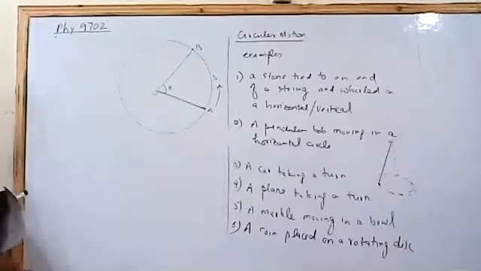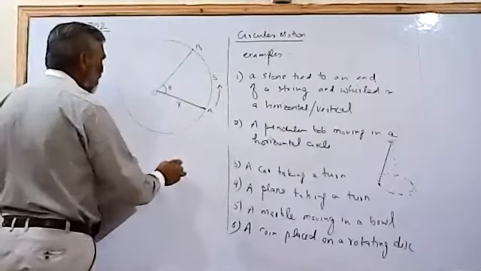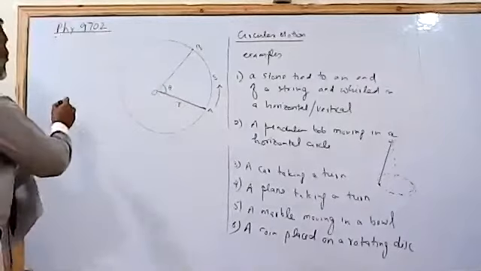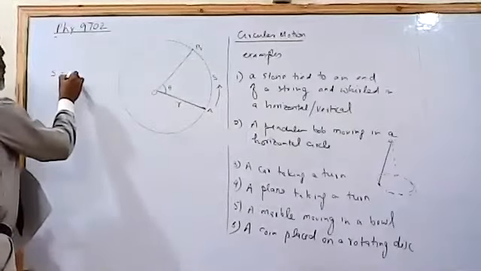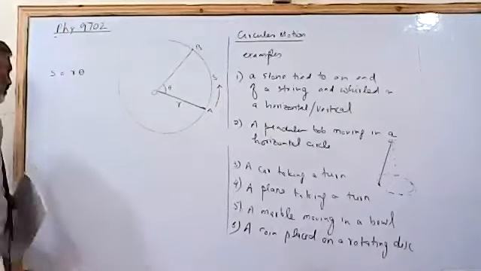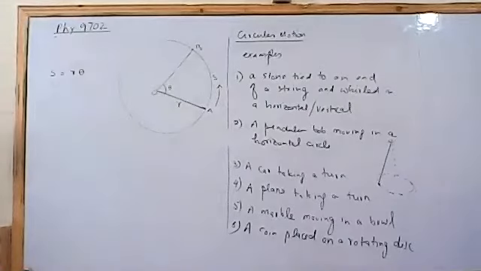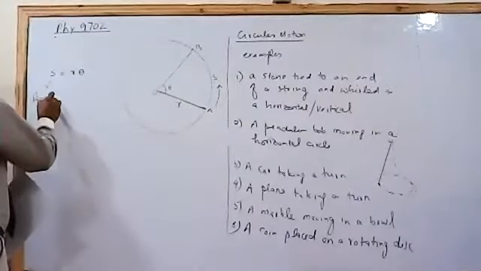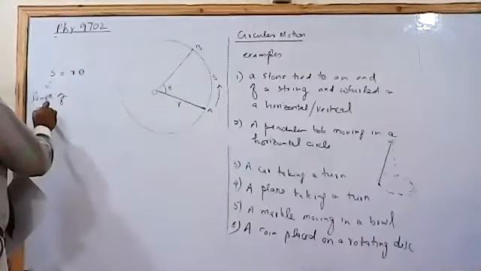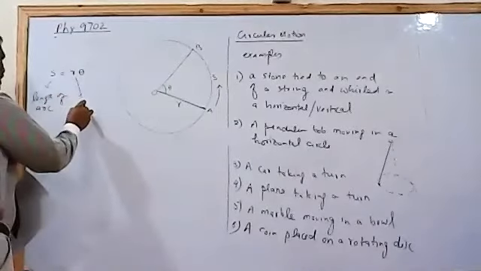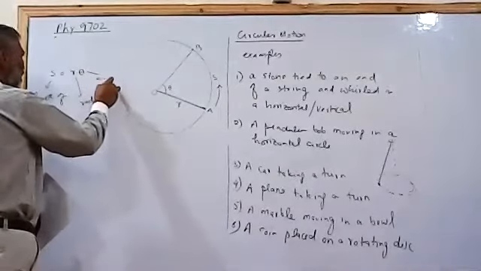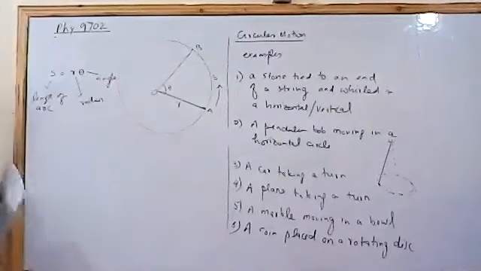There is a simple relationship between the radius, the arc length, and the angle swept, and that is S is equal to R theta. This is a basic relationship that tells us how the length of the arc, the radius of the circle, and the angle swept by the radius are related.